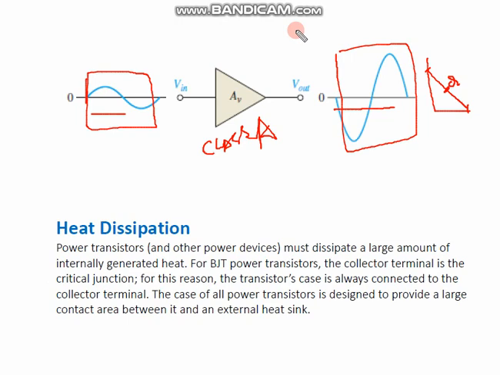If the power is less than half watt, we don't call this a power amplifier. If it is greater than half watt or 1 watt, then we can say this amplifier is a power amplifier, right?